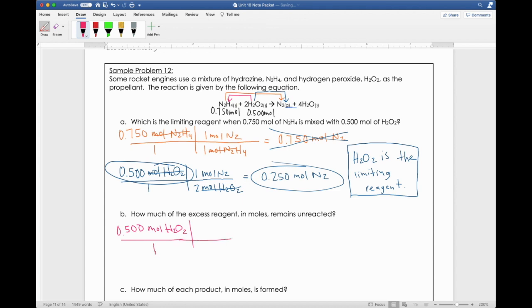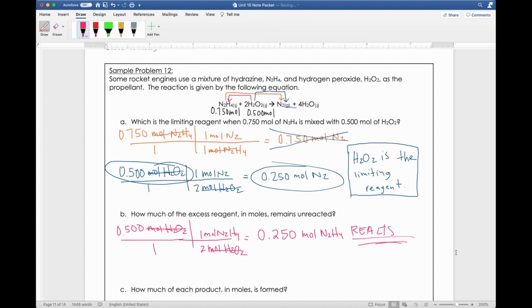Let's go ahead and do a mole ratio step here. Looks like 2 moles of peroxide reacts with 1 mole of hydrazine. Whoops, forgot an L there. Which this tells me that 0.250 moles of hydrazine actually reacts. 0.250 moles of hydrazine reacts here.